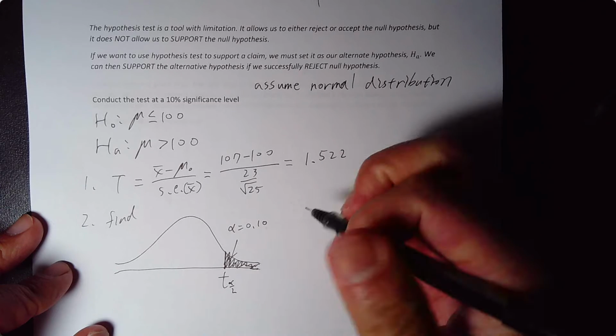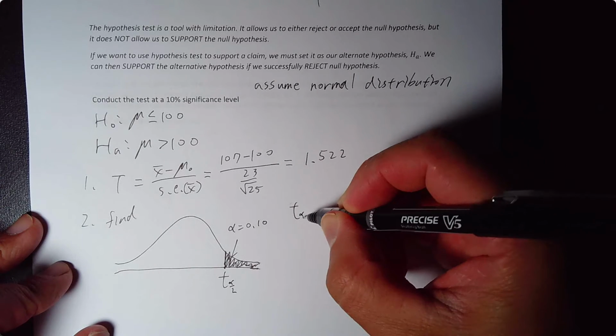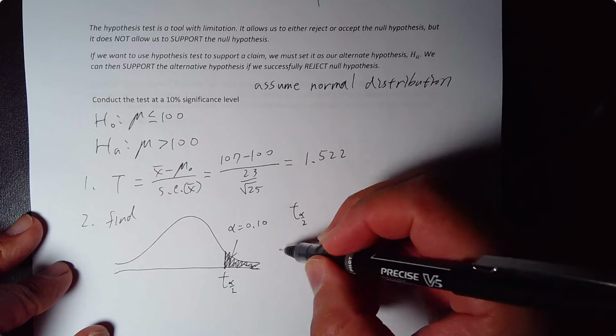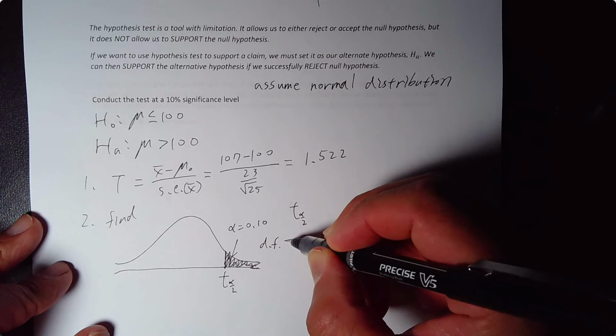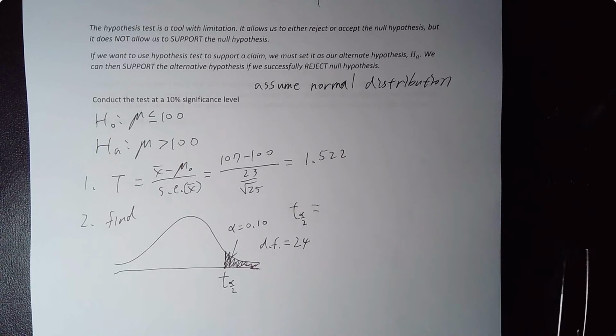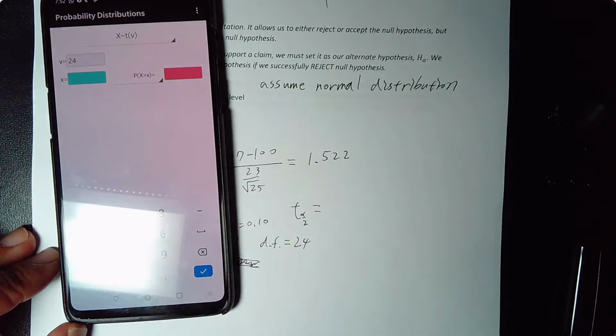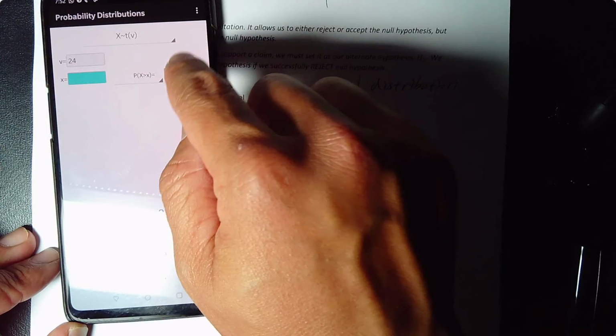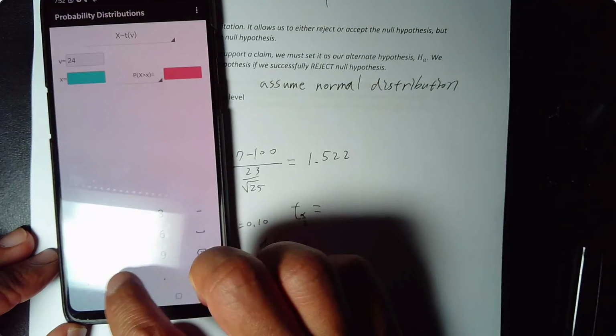Okay, so I'm going to go ahead and calculate the degrees of freedom as well. Degrees of freedom is n minus 1, so that will be 24. So I'm going to go ahead and use the app to find out what that is. I go to t distribution, put in my degrees of freedom 24, and then I put in 0.10.